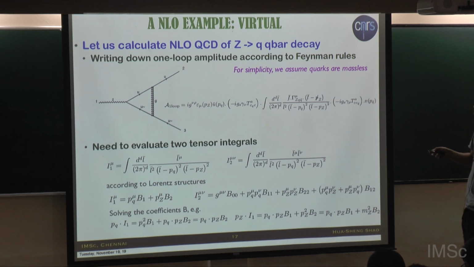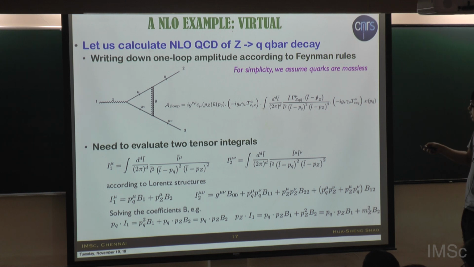Then at next-to-leading order, of course, I need the one-loop amplitude. So I draw my one-loop Feynman diagrams and write down my one-loop amplitude. The only thing I need to worry about is that right now I have integrals. I write them directly in D dimensions because I know that these integrals are divergent if you directly evaluate at D equals 4.